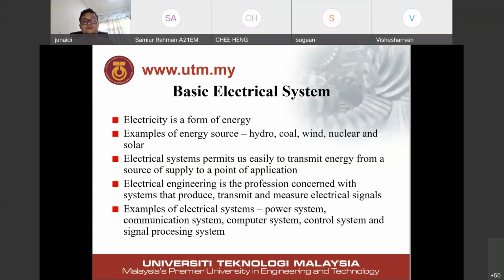Okay, so electrical engineering is the profession concerned with systems that produce or generate, and then transmit, and also measure electrical signals. Nampak tak? Measure electrical signals. Not the N. N ni bukan. N basically is, you know, lighting, benda-benda tu lah.